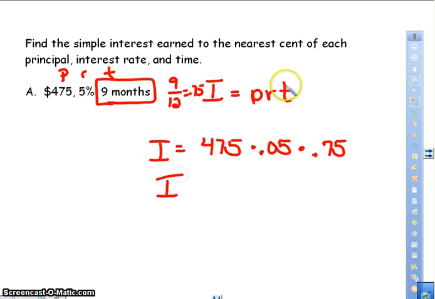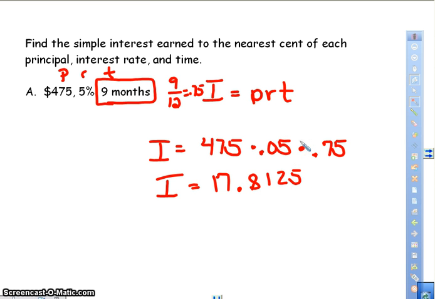Okay, so time has got to be in years, rate has got to be written as a decimal, and principal is the amount of money you are paying towards. So I'm going to take 475 times 0.05 times 0.75, and you get 17.8125.